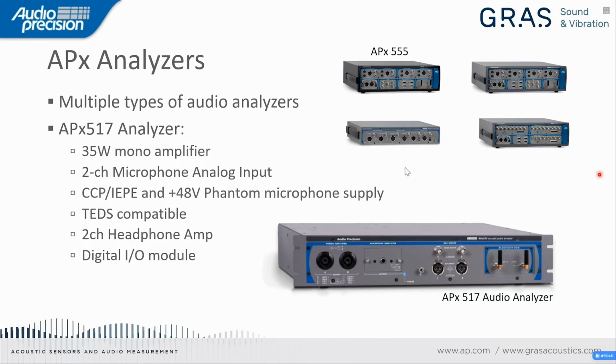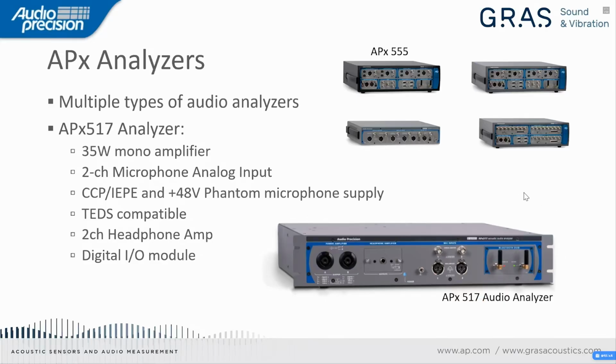But all these analyzers you can see here are running exactly the same software, which we call the APX500 software. But today, I want to concentrate on this device we see over here, that is the latest addition to the Audio Precision family of analyzers, and it's called the APX517 audio analyzer.